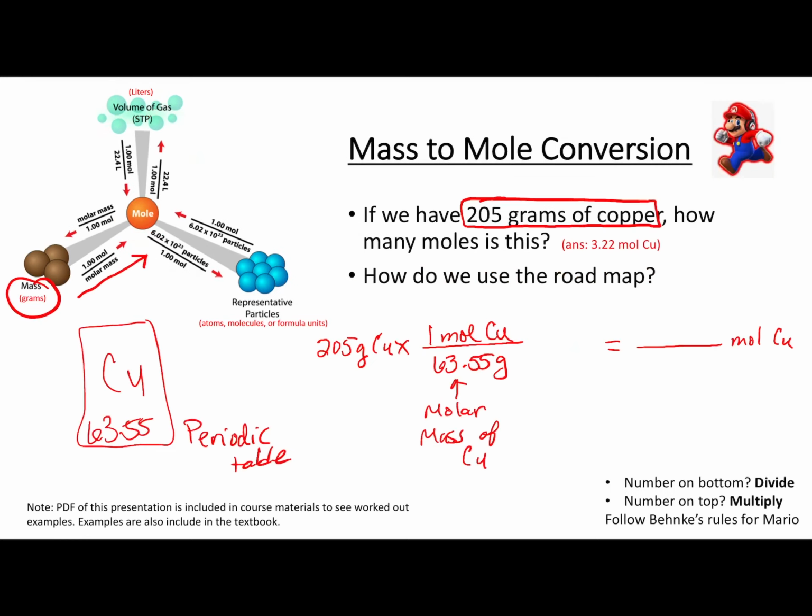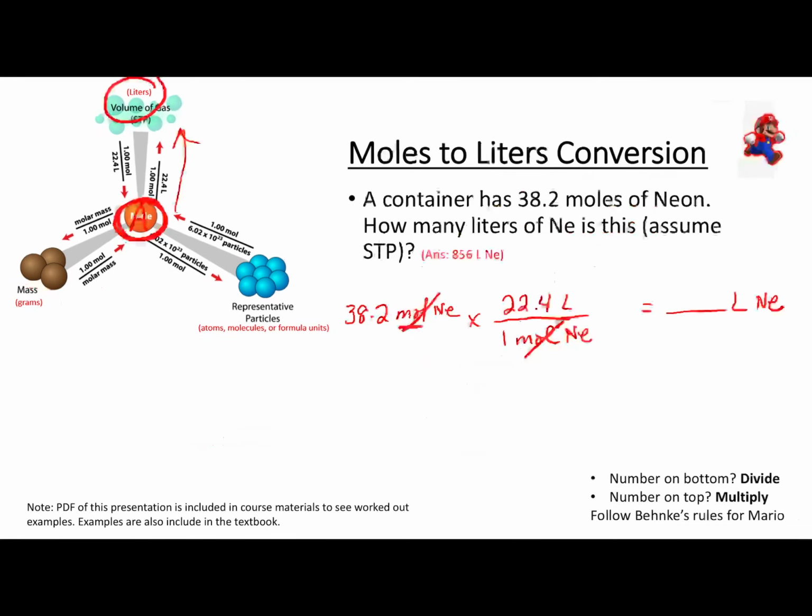So if we go back to this one, I started with grams, and in the denominator of my first conversion factor, the unit is grams, and it leads to unit cancellation. So Super Mario, in this case, is going to start here. So in our calculator, we would do 38.2 times 22.4 divided by 1 equals, and it will give us 856 liters.